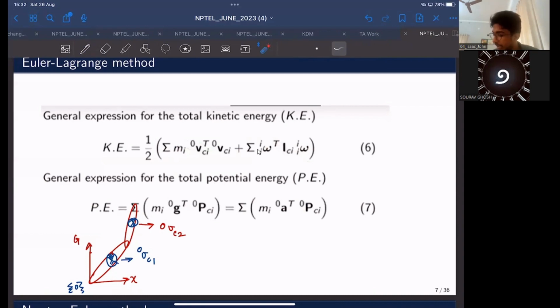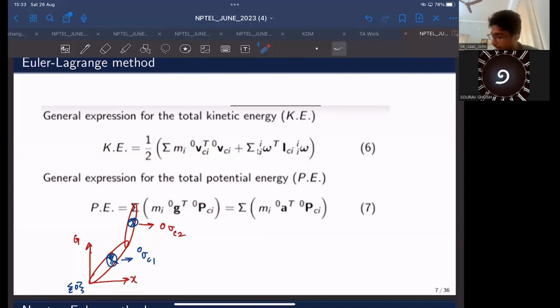Similarly, the potential energy is a term similar to the mgh term that we know so well, where m is the mass of the individual rigid body, g is the acceleration due to gravity with respect to the ground frame, and 0 p_Ci is the coordinate of the center of mass with respect to the 0th frame.